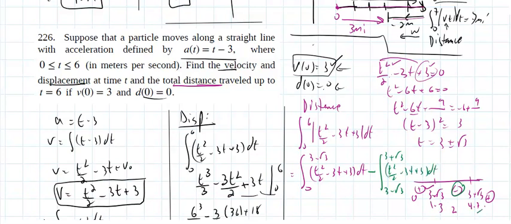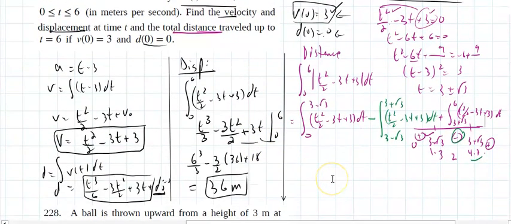And since from 4.7 to 6 it's positive, I add the integral from 3 plus radical 3 to 6 of simply t squared over 2 minus 3t plus 3 dt.